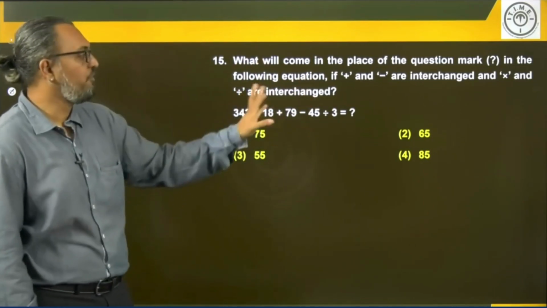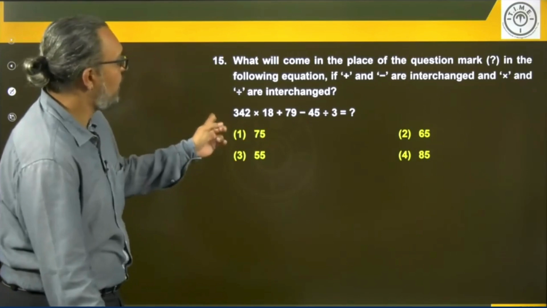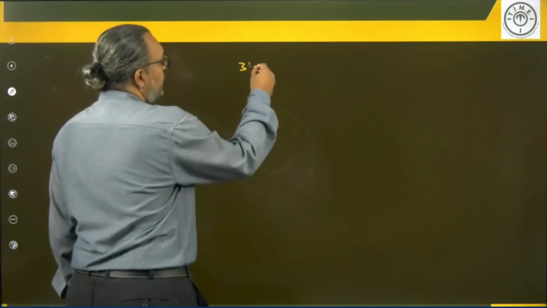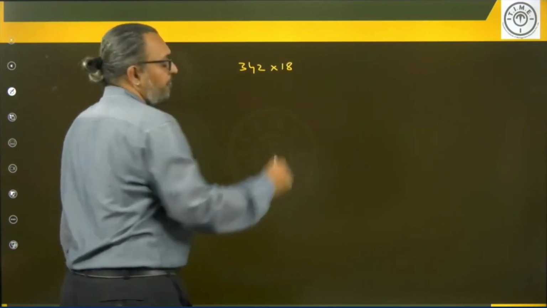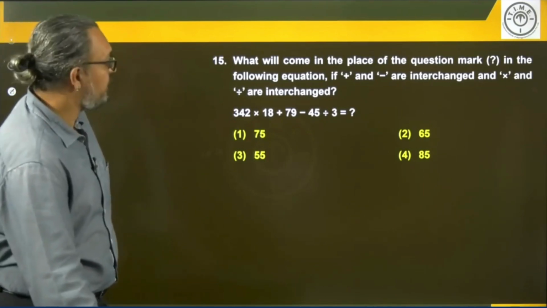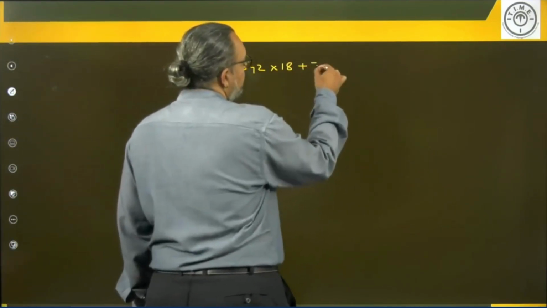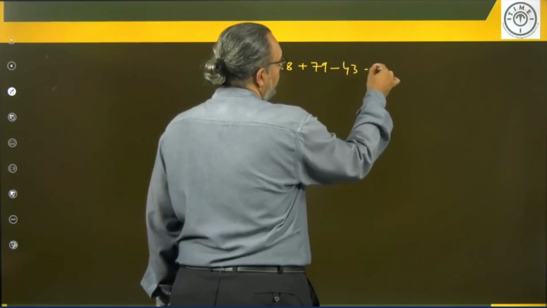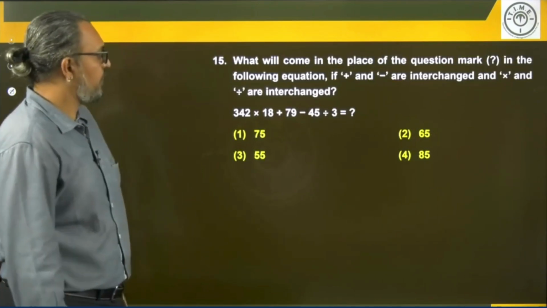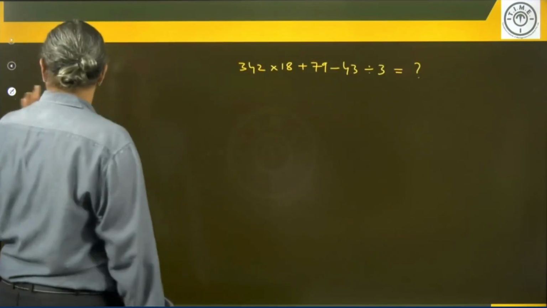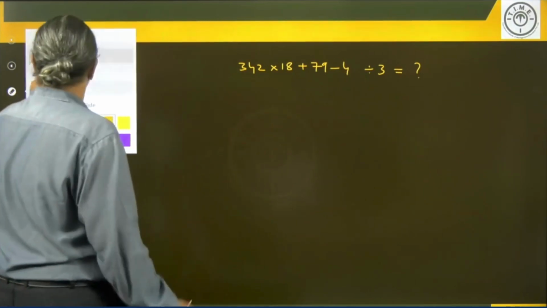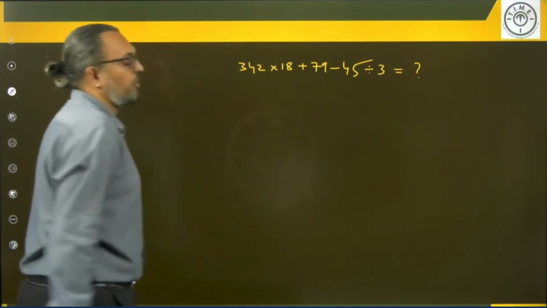Next, what will come in place of question mark in the following equation if plus and minus are interchanged, into and division are interchanged? Okay, let us look into this. I will write the given expression: 342 into 18, plus 79 minus 45 divided by 3.